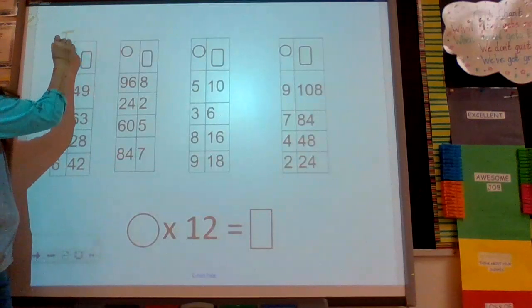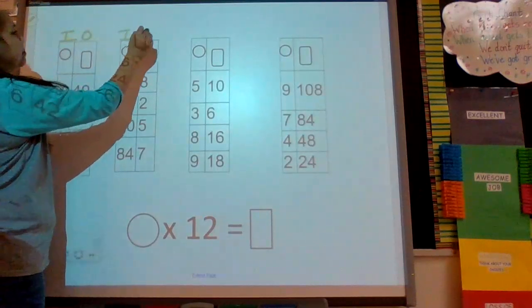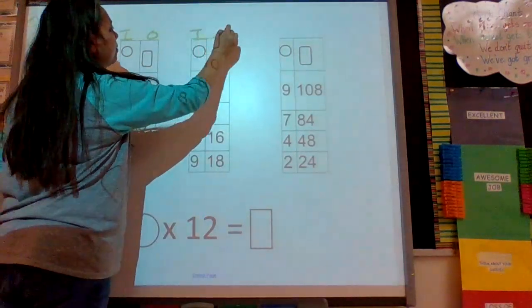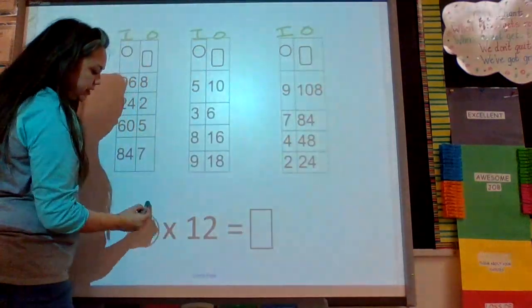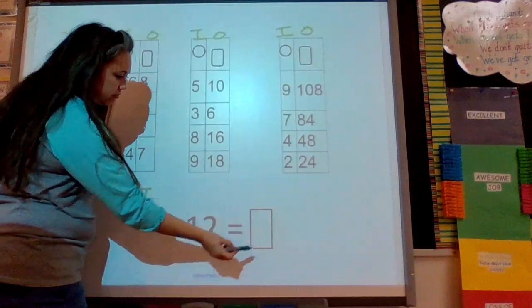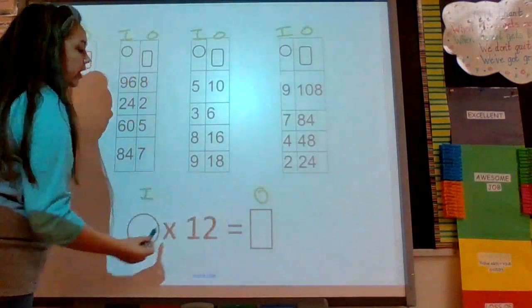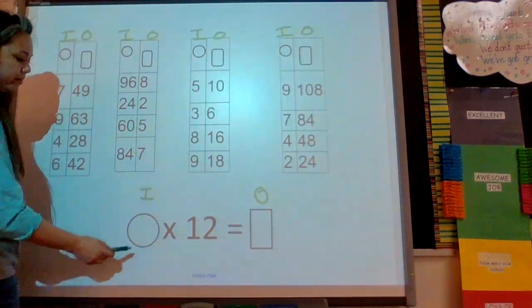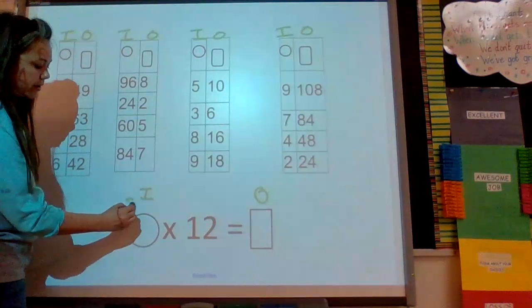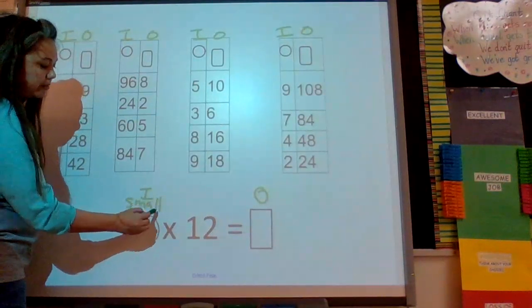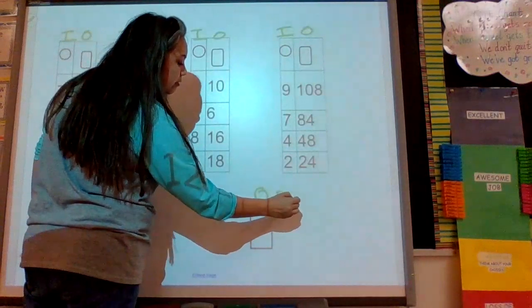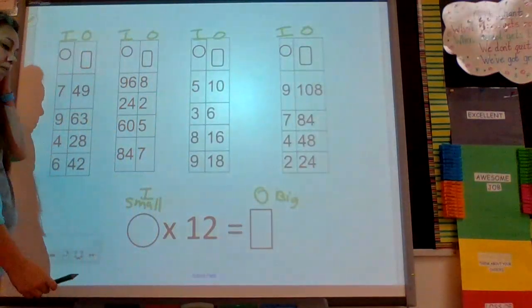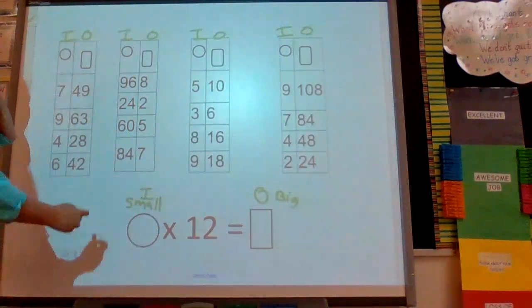And if this helps you, put input, output, input, output, input, output, input, output. If I put something in, my output is whatever that rectangle is. So if I put something in, I know this better be what? Small, because I'm going to multiply it by 12 to get something what? Bigger. If I'm multiplying it, this number is going to come out bigger.